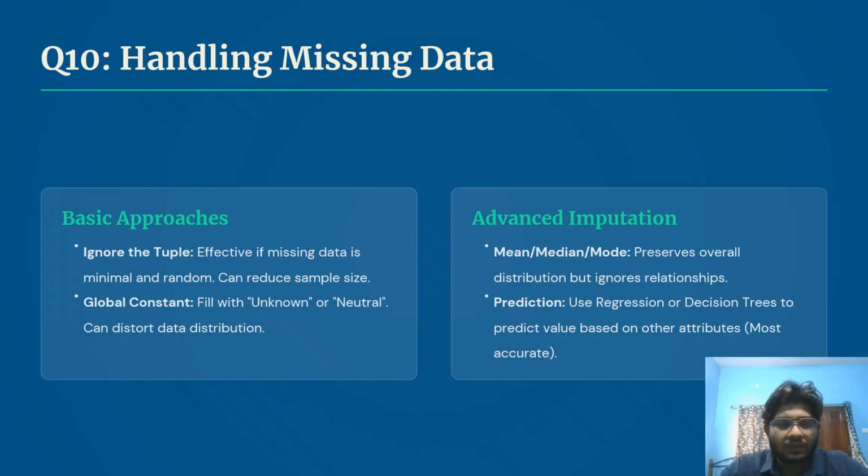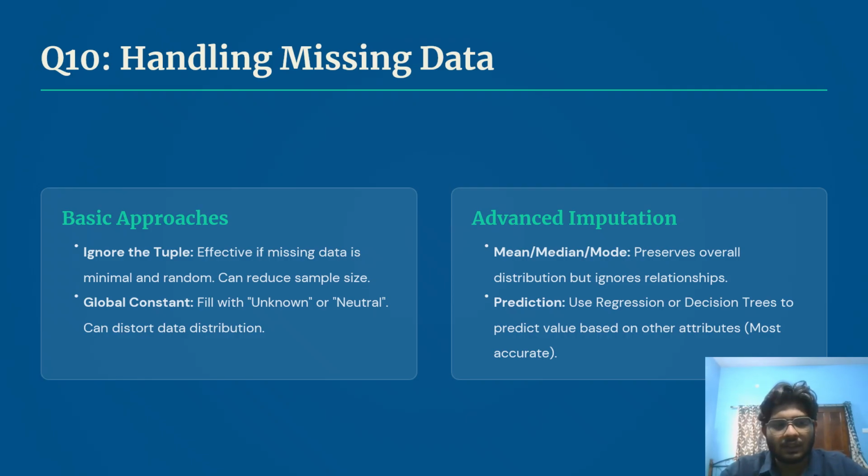And global constant. Here we fill every blank with a single word like unknown. This is easy, but it pollutes your data with too many of the same values. If we do this with unknown or neutral, it will pollute the data, which will make it difficult.